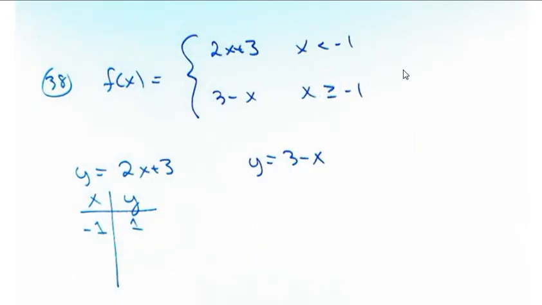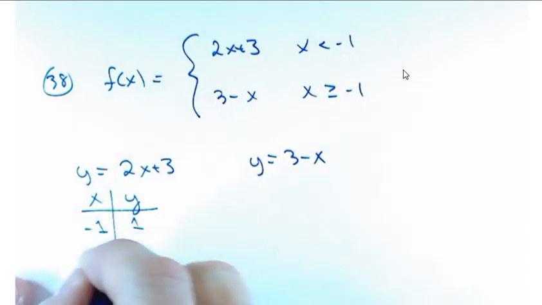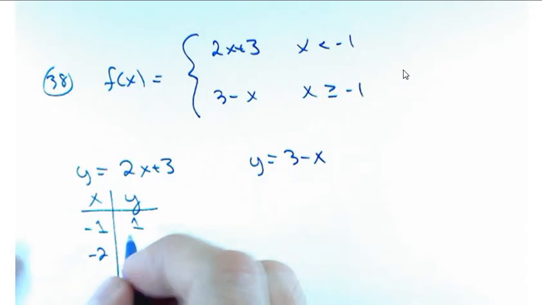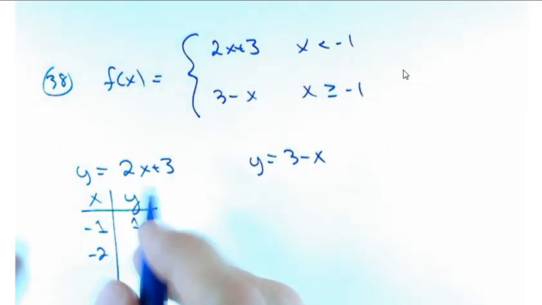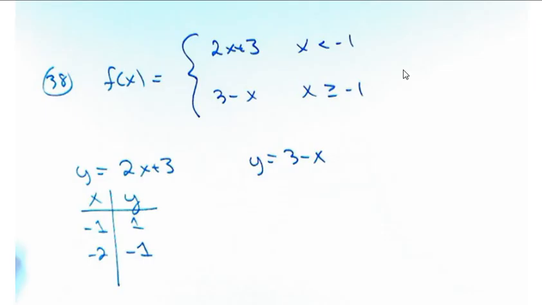Be kind. Don't give me negative square root of 2 or something like that. What's a friendly point? Negative 2. Sure. You don't have to go out on a limb to find this thing. If I put in negative 2, I get negative 1. Great. 2 points determine a line. I'm in good shape.